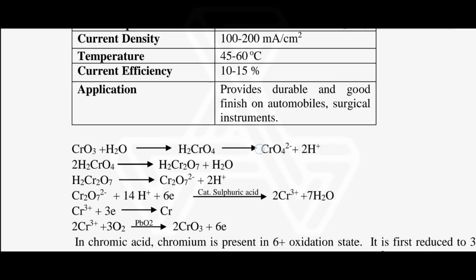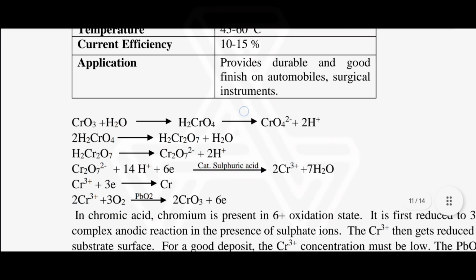CrO3 plus H2O gives H2CrO4, which gives CrO4 2 minus plus 2H plus. 2H2CrO4 gives H2Cr2O7 plus H2O. H2Cr2O7 gives Cr2O7 2 minus plus 2H plus.